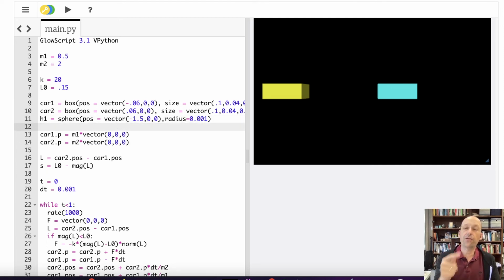So that's going to put a sphere over here on the left-hand side, but it's going to be so small you can't see it. And let's put one on the right-hand side. H2 equals sphere, position vector 1.5, 0, 0, radius equals 0.001. You won't be able to see it, but it will rescale.